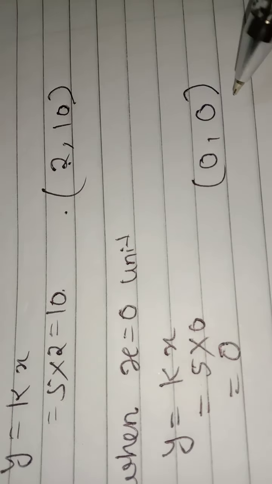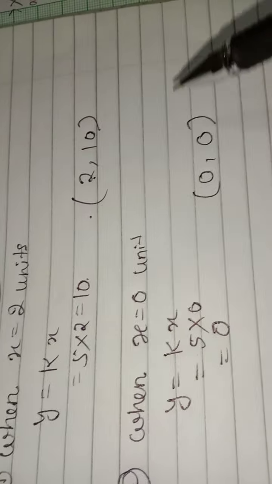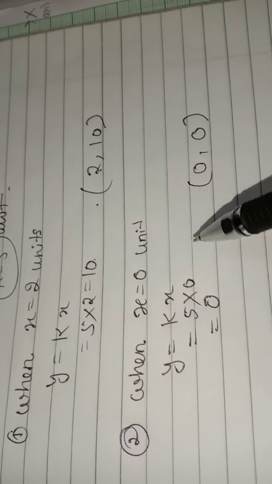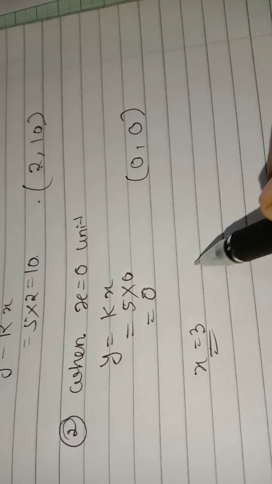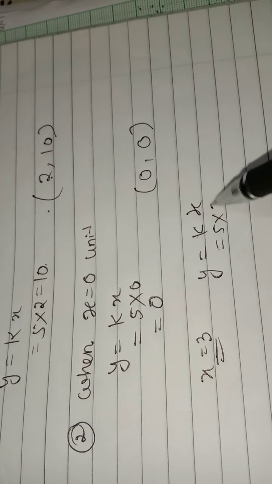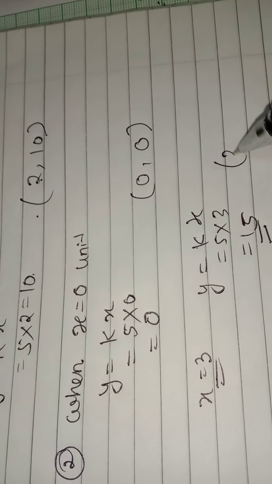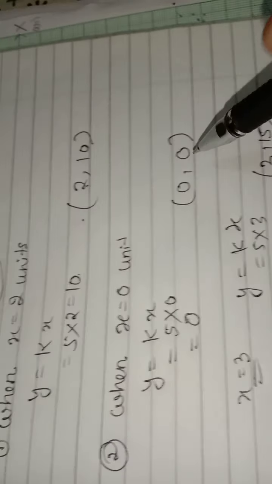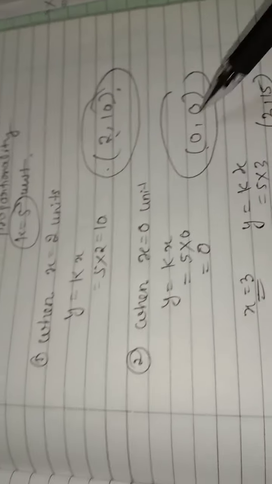We can take some more values, like x is equal to 3, if you want to plot the graph clearly. For x is equal to 3, y is equal to kx, so 5 into 3 is equal to 15. So the point is 3, 15, and so on. You plot the graph taking two points, 2, 10 and 0, 0.